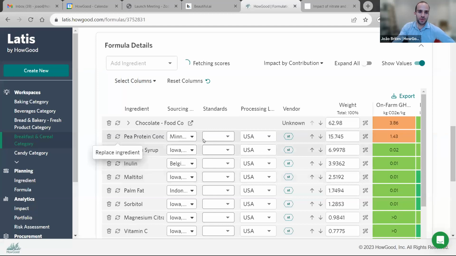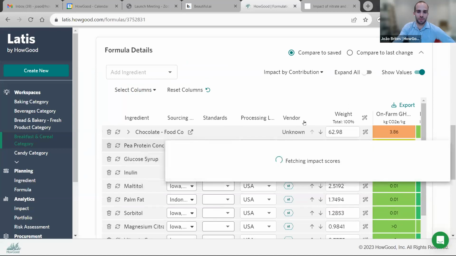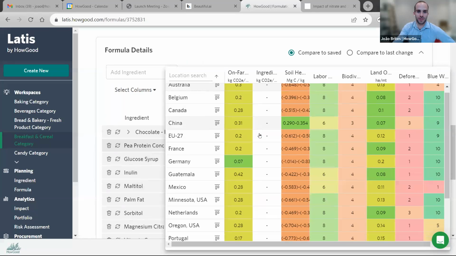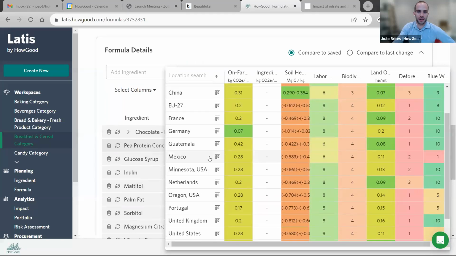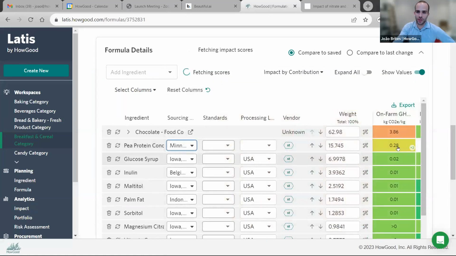And as we've discussed before, depending on the origin, impacts can be very different. So the emissions factors, for example, for pea protein concentrate can vary from 0.2 for Belgium all the way to, for example, 0.42 for Guatemala. So let's suppose we go with Guatemala. You can see that there was an improvement on the greenhouse gas emissions of the product.